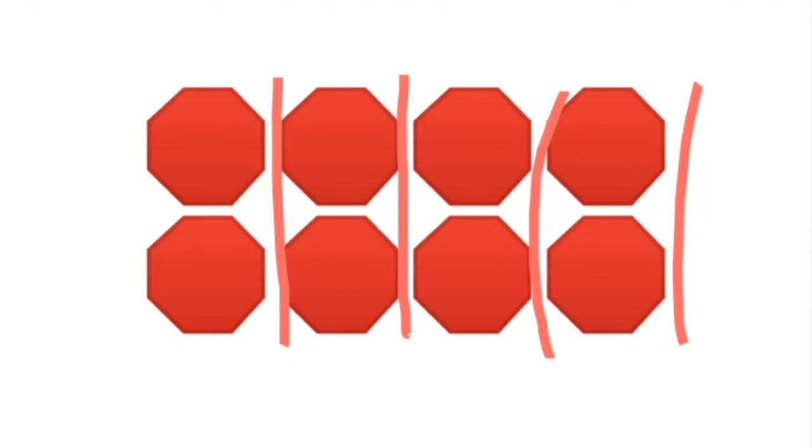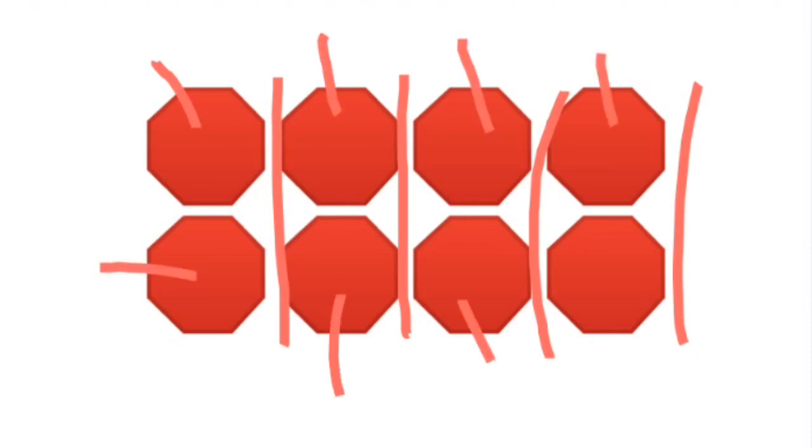Alright, so I don't have any leftover or remainder. So that means this number is an even number. So how many octagons do I have? 1, 2, 3, 4, 5, 6, 7, 8. 8. So that means 8 is an even number.